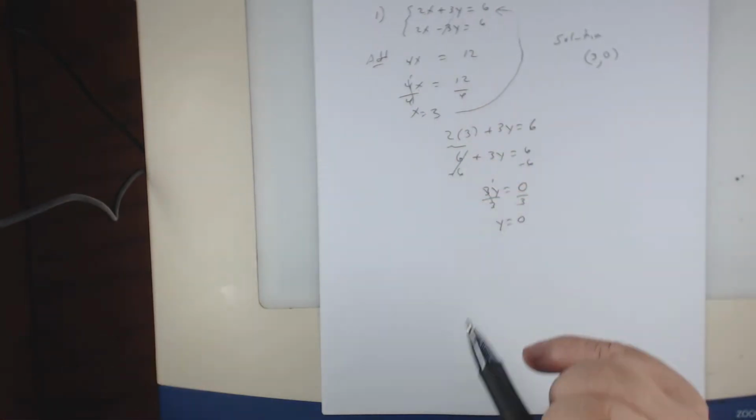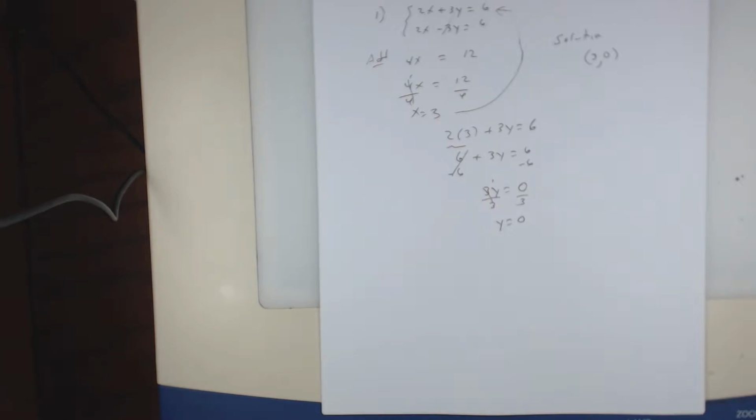All right, now here's the idea behind addition. When I added these, what variable went away? Don't say middle. Y, right? Now look at the coefficients of y. What do you notice about the coefficients of the y's? They're opposites. The word opposite is important here. So when the coefficients are opposites and you add them up, the variable goes away. And so that's going to be the idea behind addition.